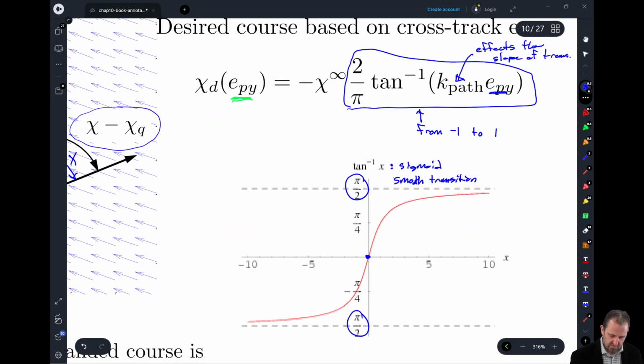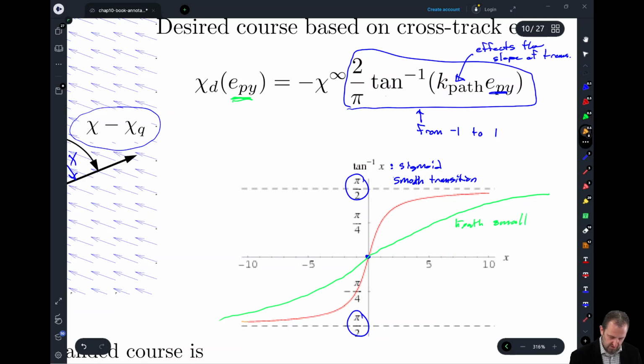So a really small value, oops, didn't draw that very well. A really small value would come out here. Ugh. It's always going to go through 0. So this would be k path small.